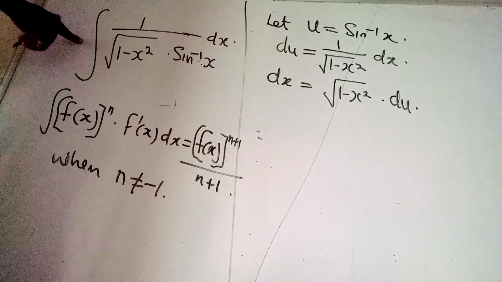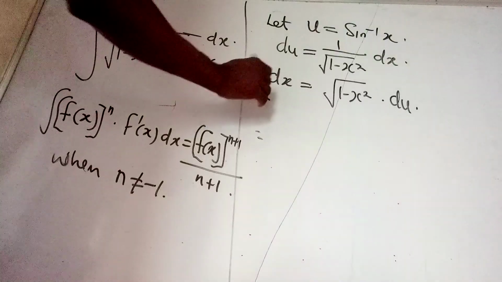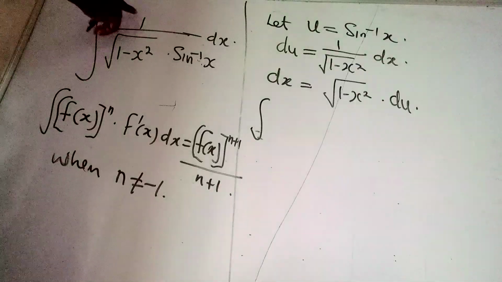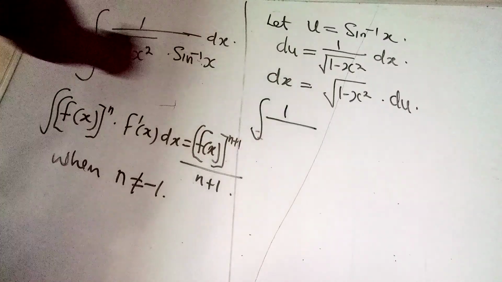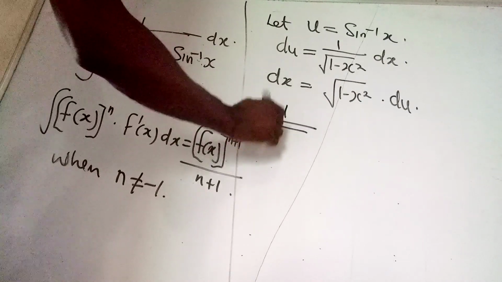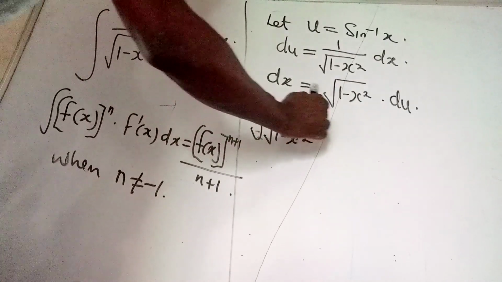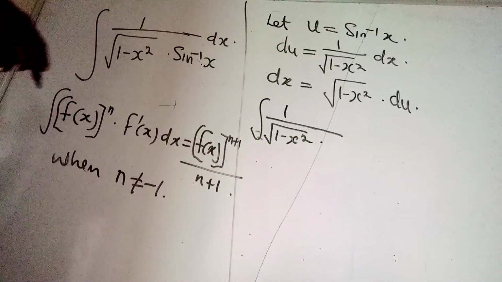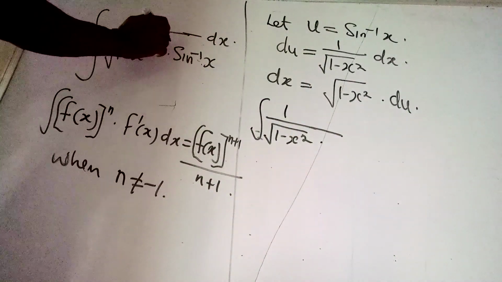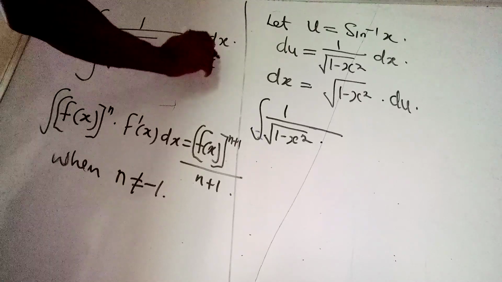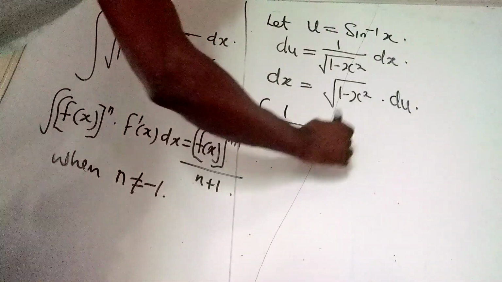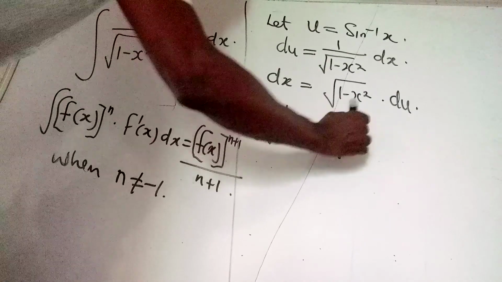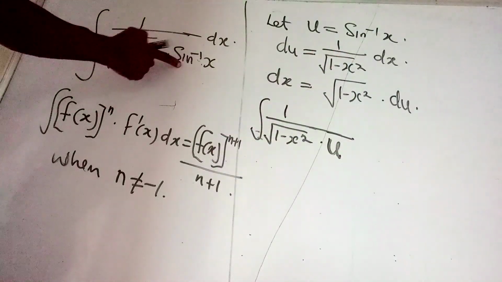So I will come back to the integral and substitute 1 over square root 1 minus x squared, then multiply by, instead of writing inverse of sine x, I will write u to replace this.